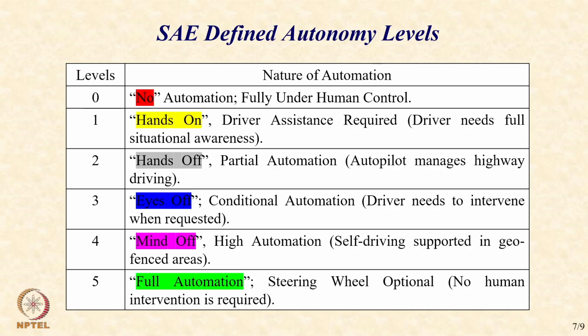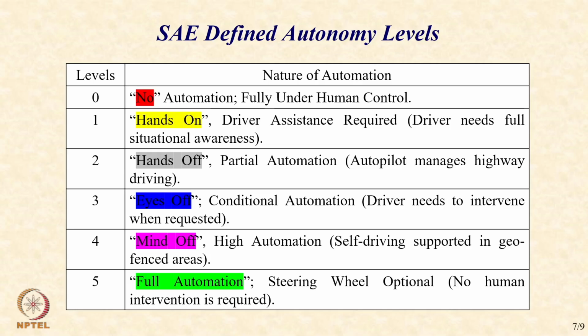So, it is kind of a very benign scenario or environment where the automation which is being provided or the autonomy which is being implemented through a machine is sufficient to execute the driving operation.